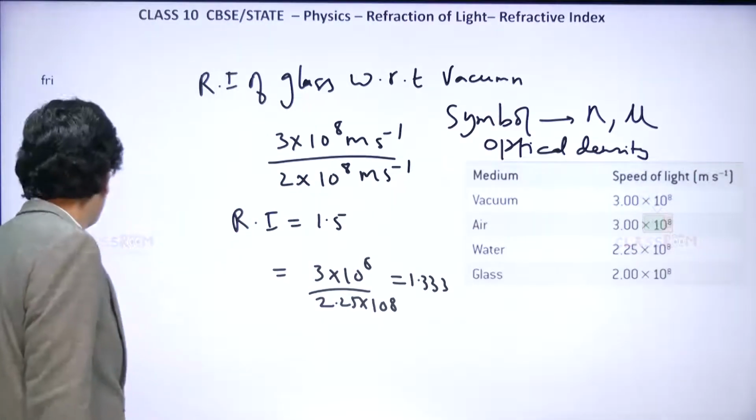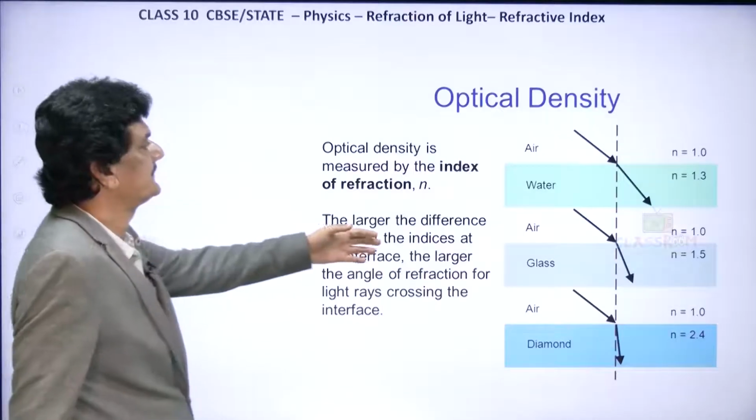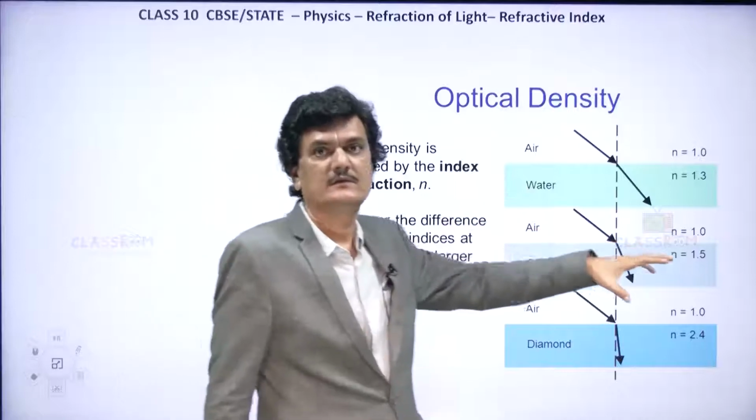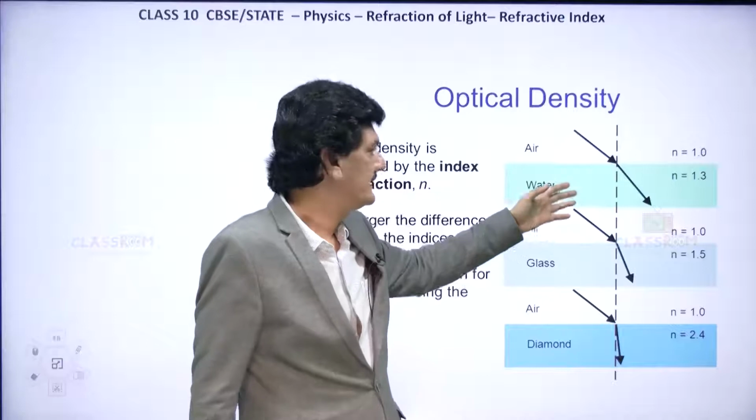So, instead of saying it is travelling from rarer to denser, we can also represent the refraction in this way.